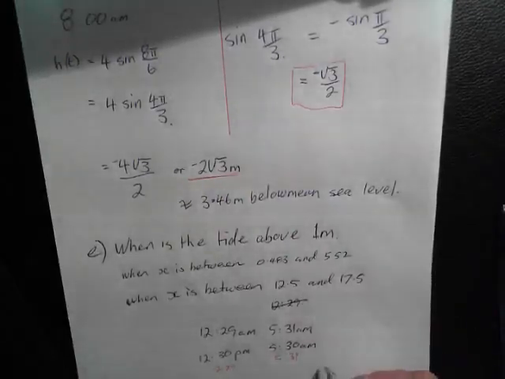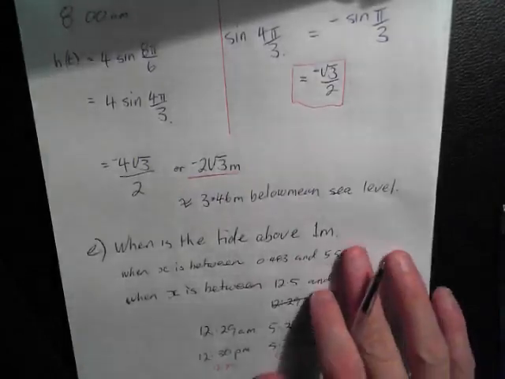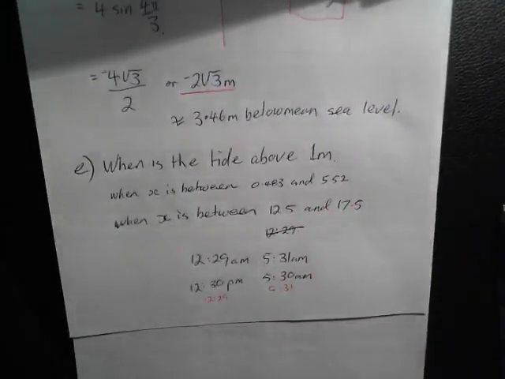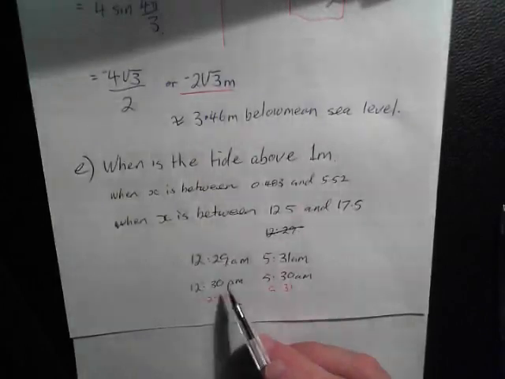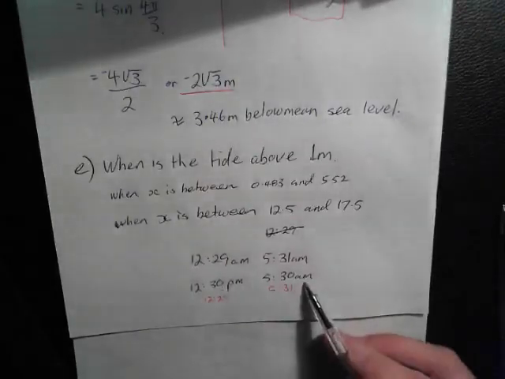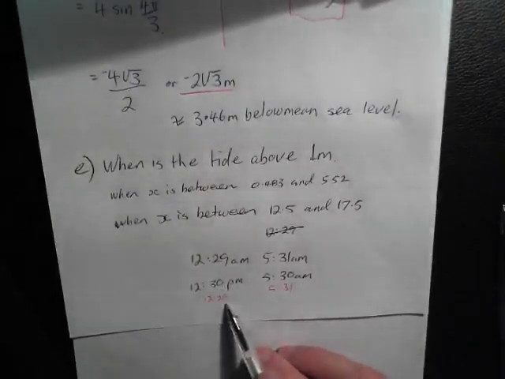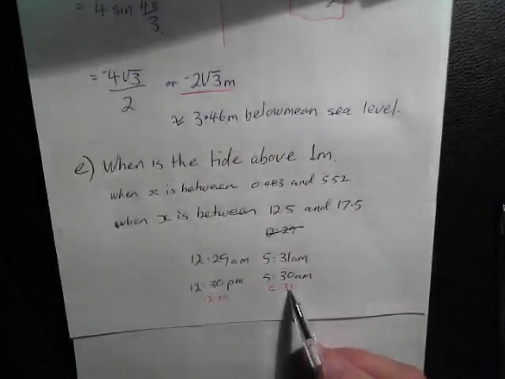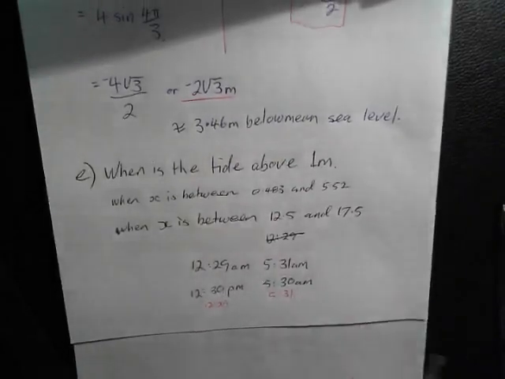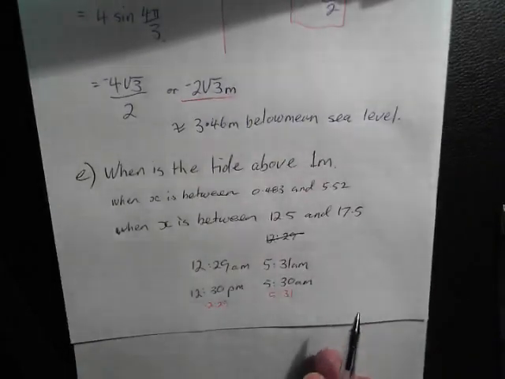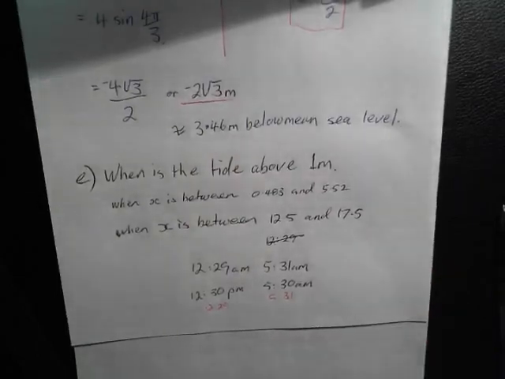If this was set as a task, then depending on the method they use to solve it, depends on the accuracy there. So if I was doing a marking scheme, I would allow 12:30 to 5:30 for an answer when we've got 12:29 to 5:31.